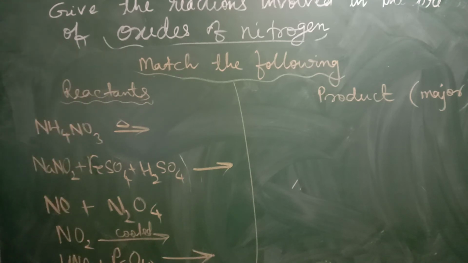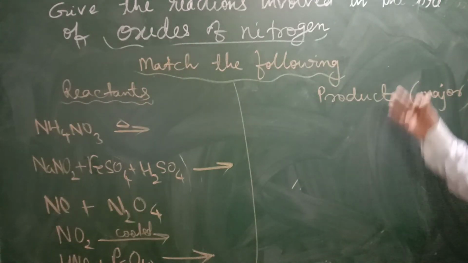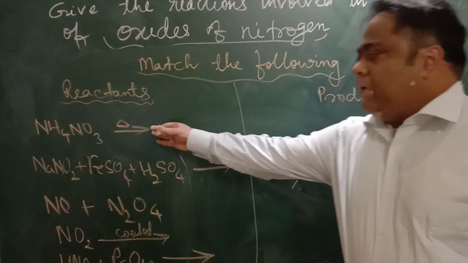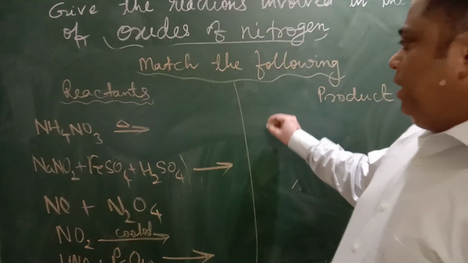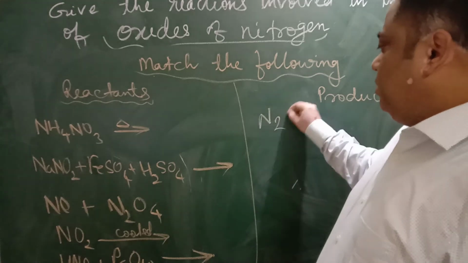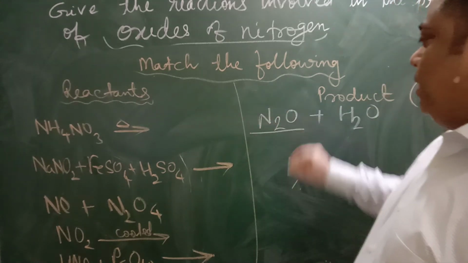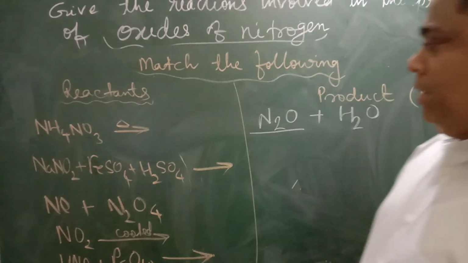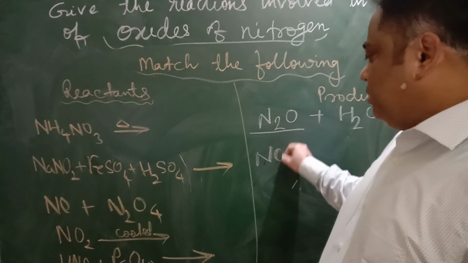Now you have to identify the product. Balancing and everything you can do; just identify the product. If you do thermal decomposition of ammonium nitrate, what will you get? You will get N2O and H2O also. But N2O is the major product. We will underline the major product. Here what we will get? Here we will get NO as the major product.